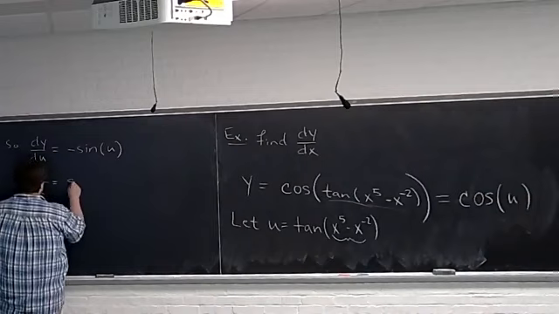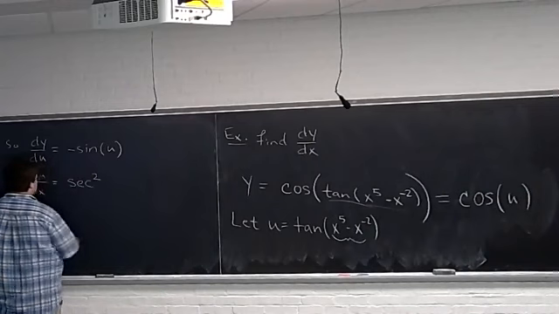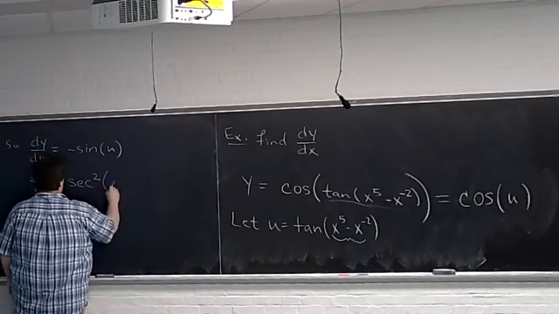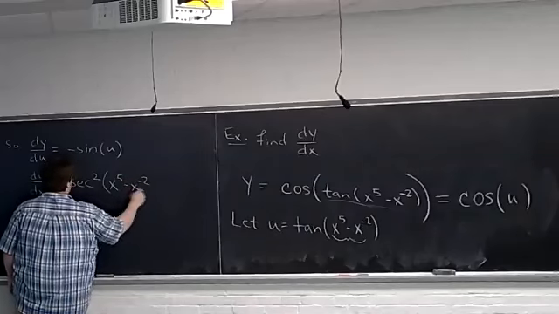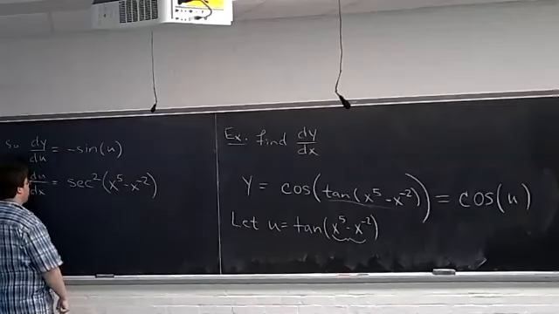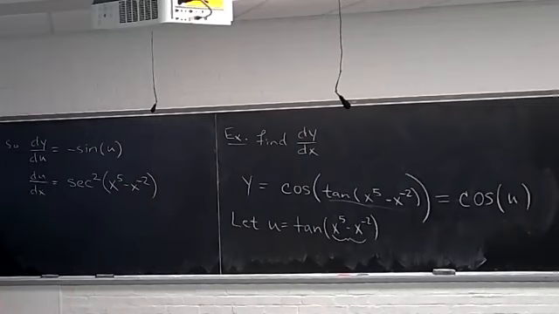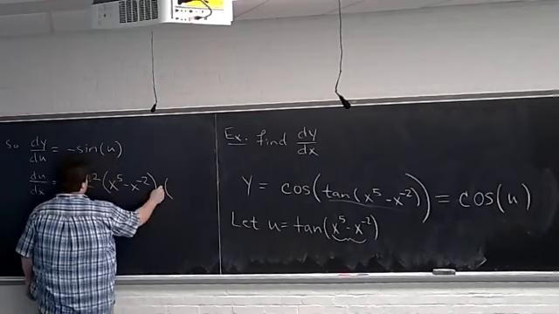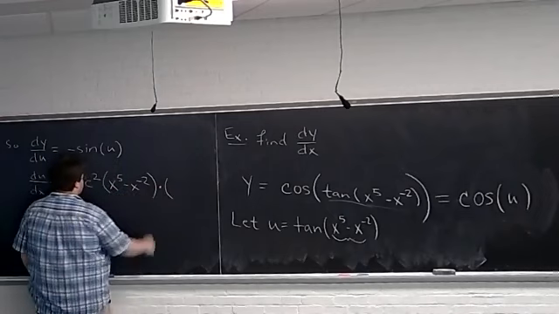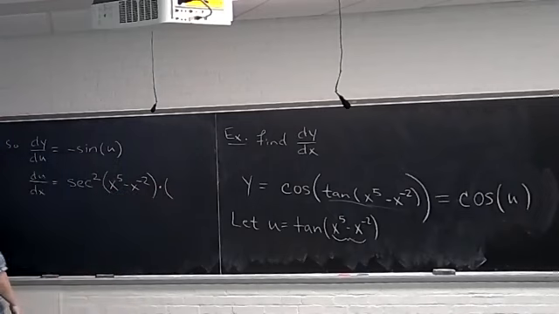The derivative of a tangent function is a secant squared function, multiplied, as the chain rule says, by the derivative of what we would substitute.